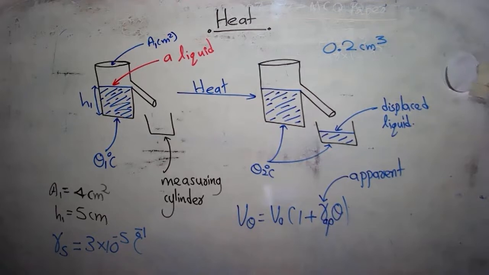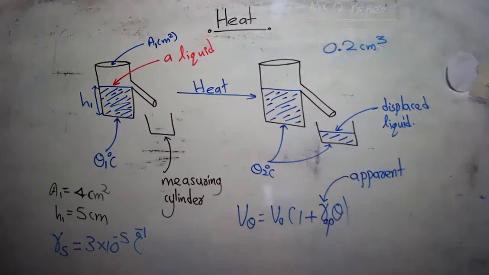Okay, sir. If the theta 1 temperature is 0 degrees and theta 2 is 100 degrees, the displaced volume of liquid will be 0.2 centimeter cube. The cross-section area of the vessel is 4 centimeters squared. The initial height of the vessel is 5 centimeter.